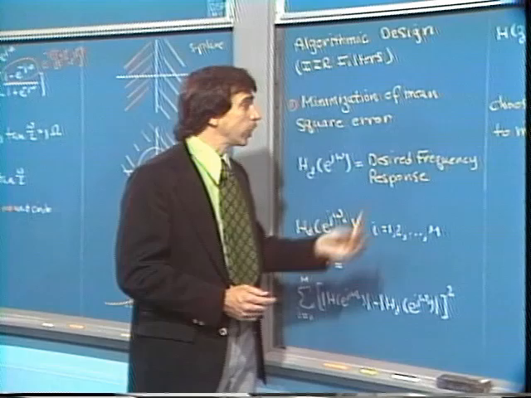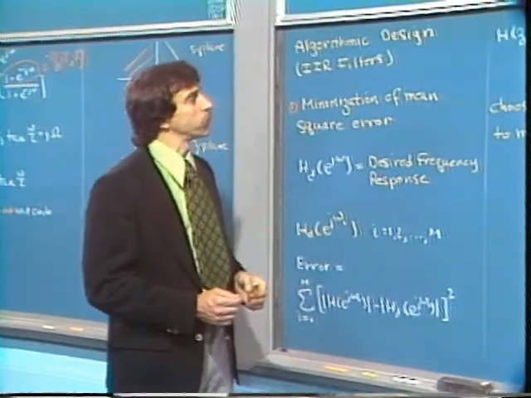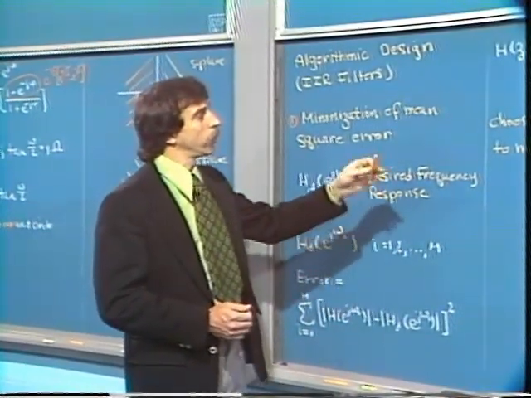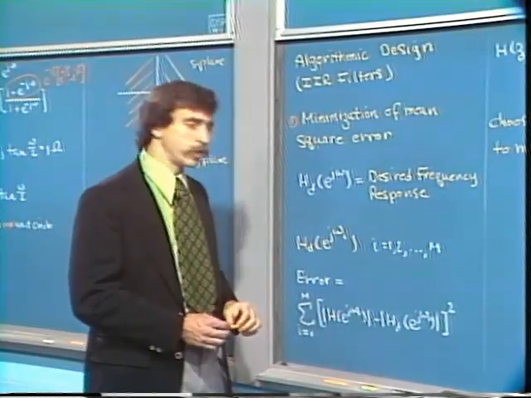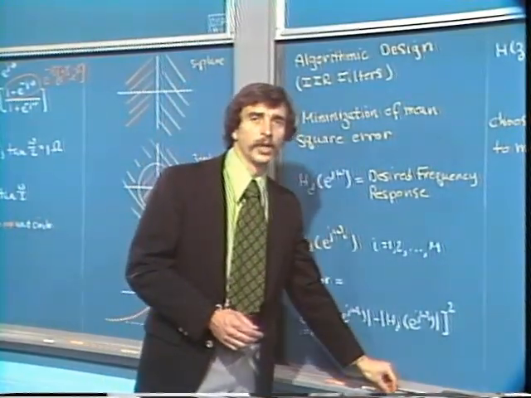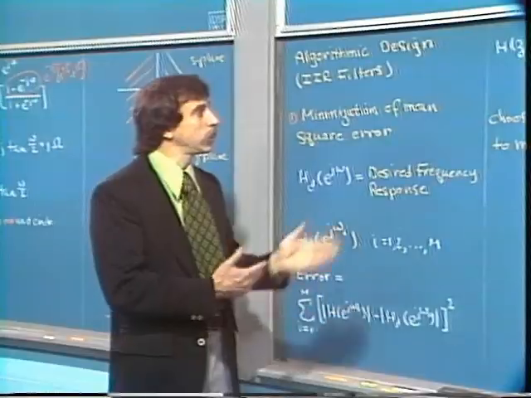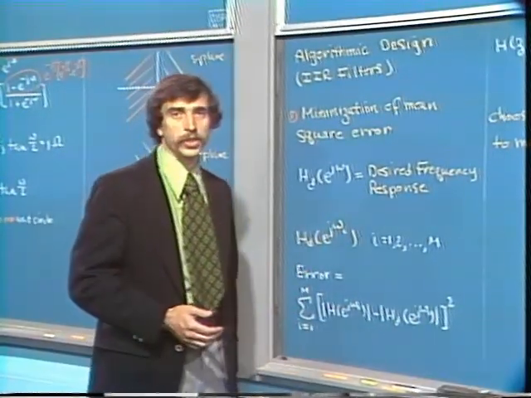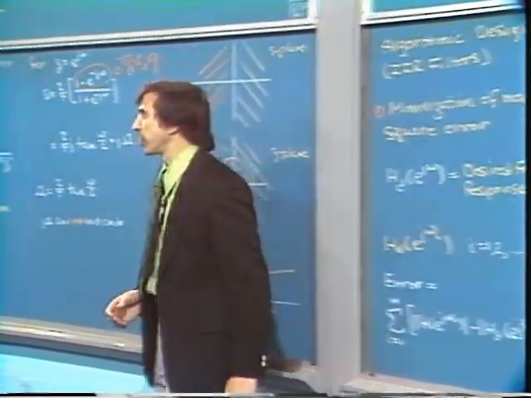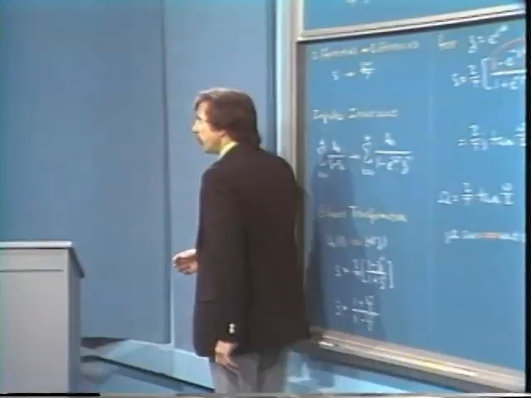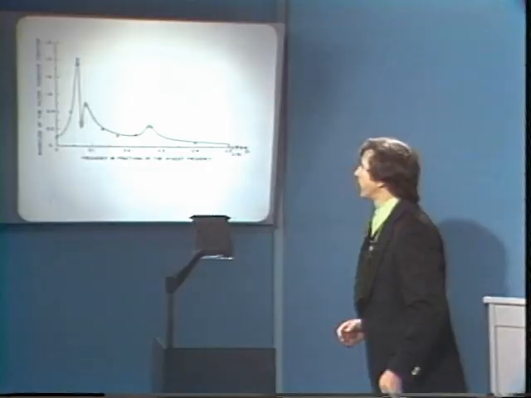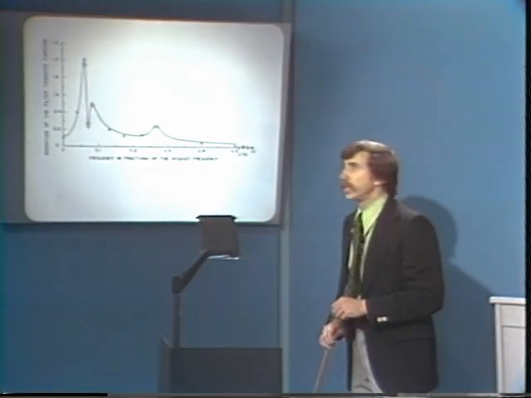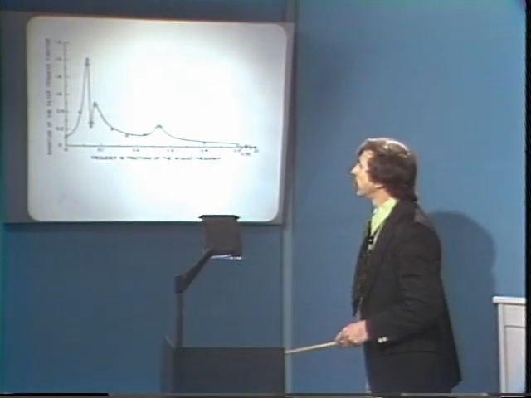Let me just illustrate with one simple example what type of filter this procedure might lead to. I don't want to go through all the details of solving the equations, but let's quickly look at an example. This example is taken from a paper by Professor Kenneth Stieglitz at Princeton University.